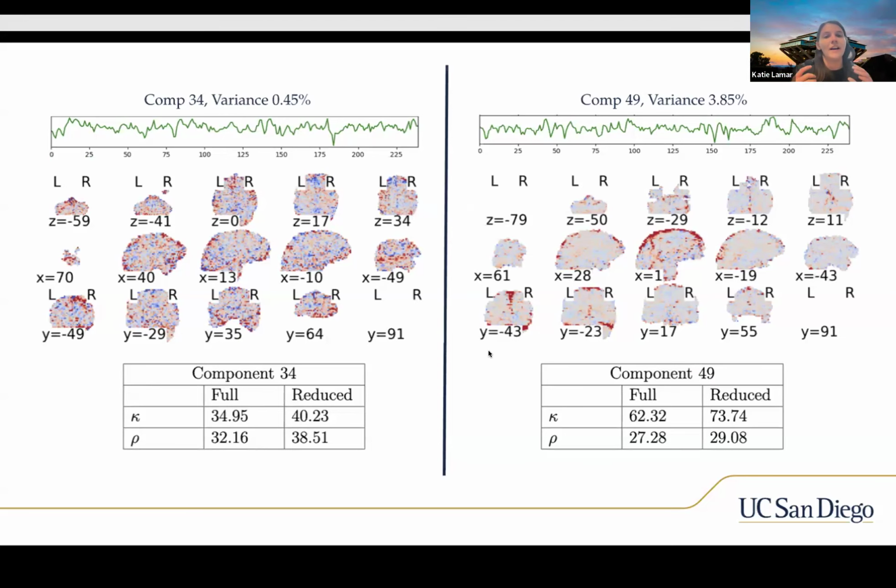It's saying that the number of noisy or non-BOLD related changes is higher than the number of BOLD related changes, and that's why it would be getting rejected. But in the reduced model, it's saying the opposite. So we think this might mean that the full model is better able to pick out the noise related changes than the reduced model is, and maybe give us more accurate decision making in the future.